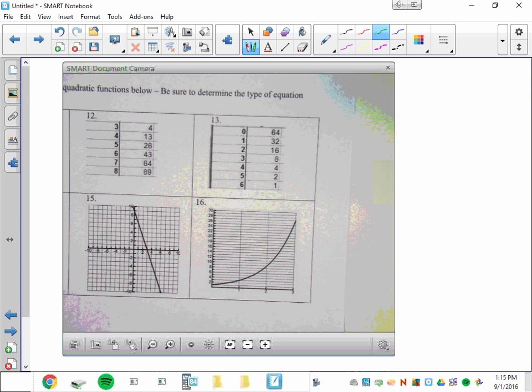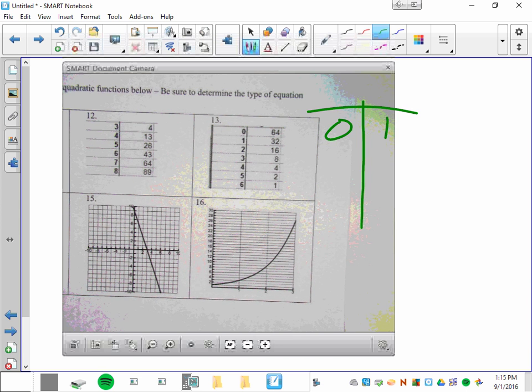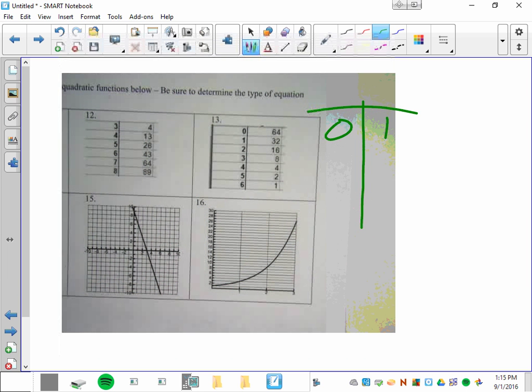So for number 16, looks like the first point is 0, 1. And the next point is 1, 3. And the next point is 2, 9.